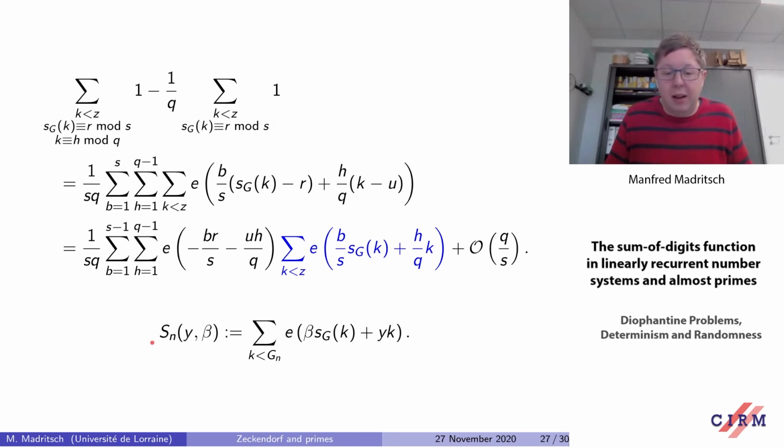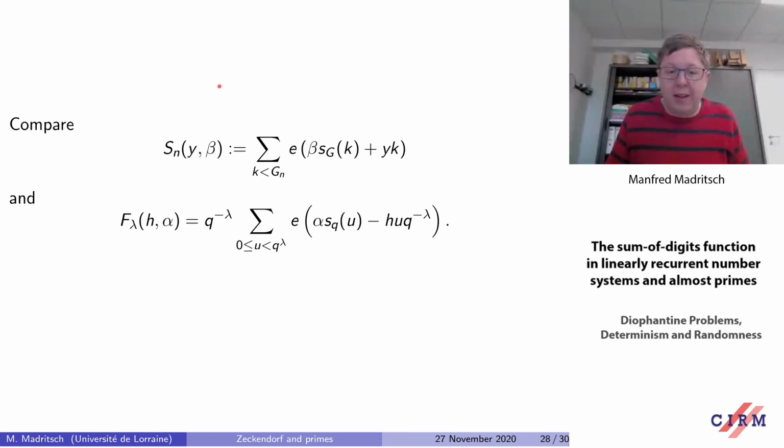And in general, we have a sum of this type, and here I sum up to an arbitrary z, but it's quite easy to look at the g-adic expansion of z, and then it is enough to look only at z that are elements of the sequence. If you compare this with the Fourier transform we saw before, then they are quite similar.